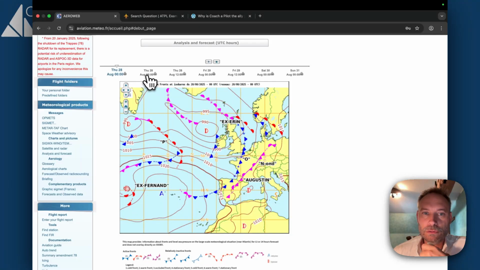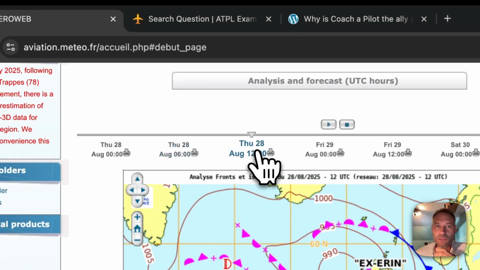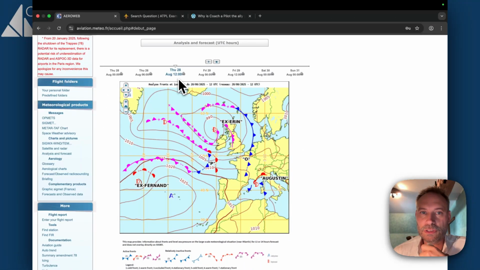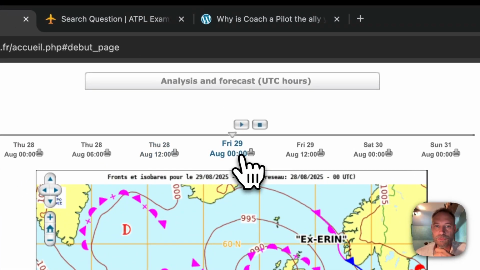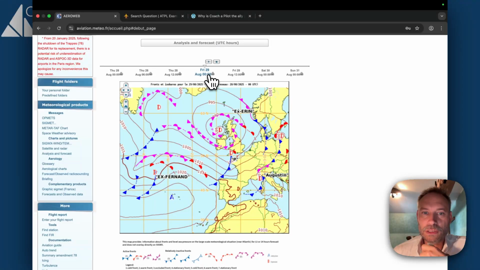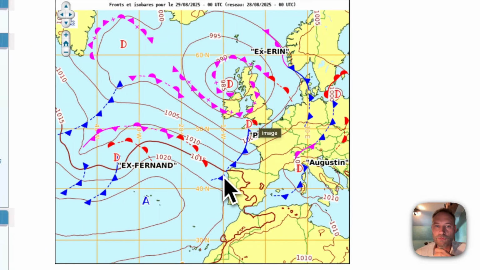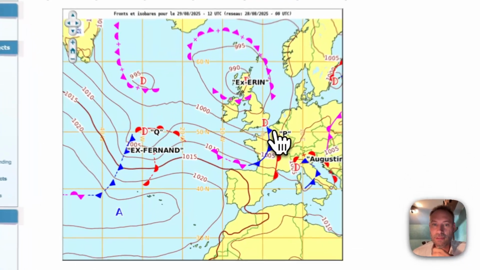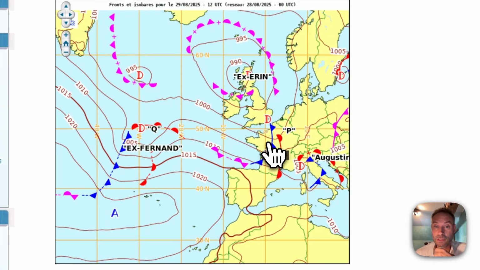If we go through the coming hours, today is the 28th of August and it's 12 o'clock UTC more or less, and we see that probably at some point tomorrow morning we will have a secondary depression again with a cold front, particularly intense here, that is coming over the west coast of France. And that cold front will pass inland with the weather that is associated.